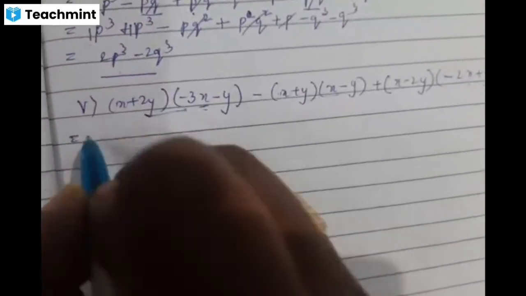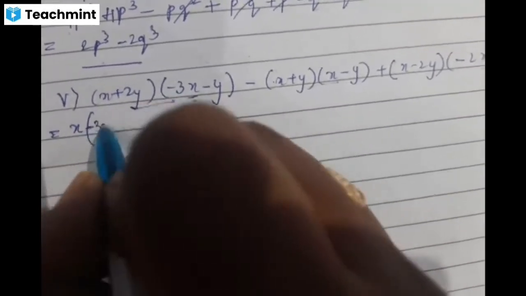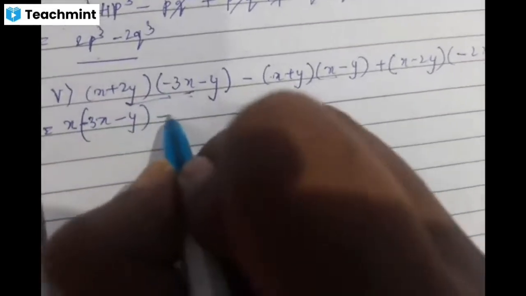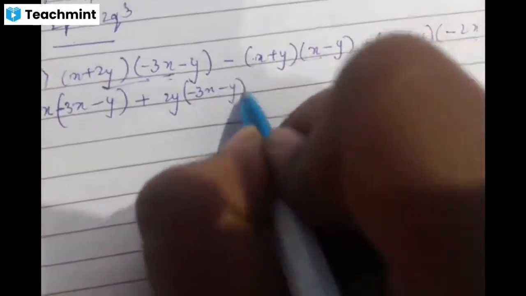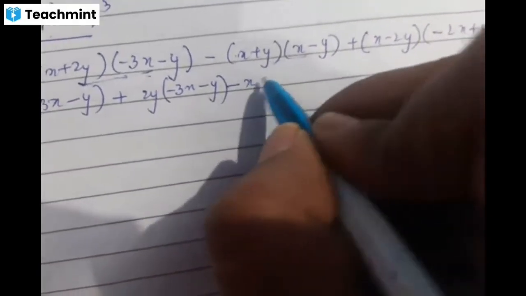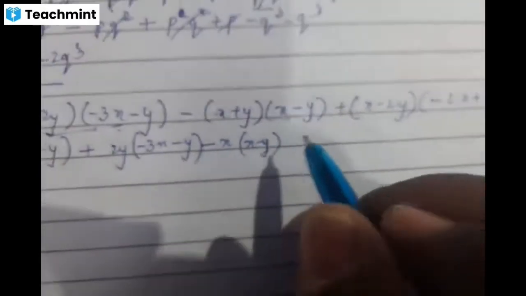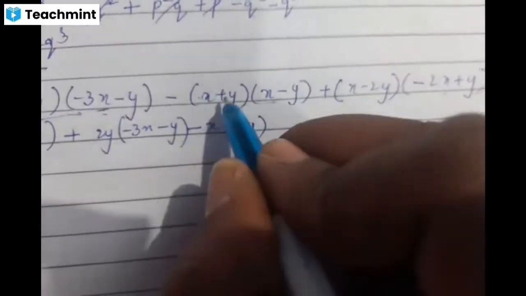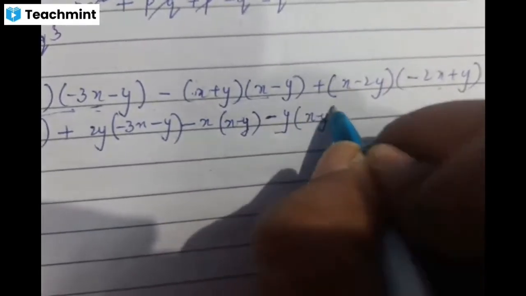Let us start. x into first term into second bracket, then second term plus 2y into minus 3x minus y. Minus, don't forget the minus sign, children, minus x into x minus y, and then you have minus outside, so minus into plus is minus y into x minus y.